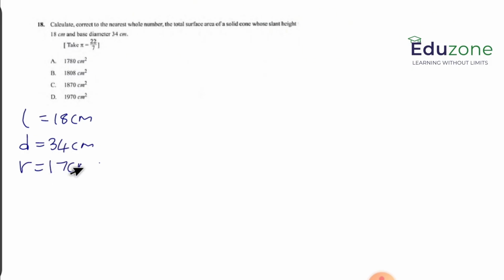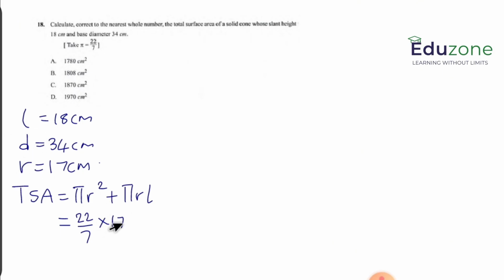17 cm. So now let's look for our formula for calculating total surface area of a solid cone. So say TSA, total surface area, equal to pi r squared plus pi r l. L is what? Slant height. So total surface area, pi is what? 22 over 7 times radius is 17, so here will be 17 squared.